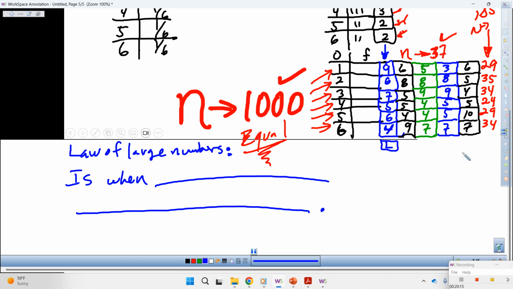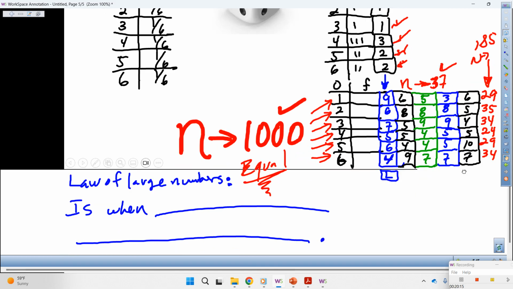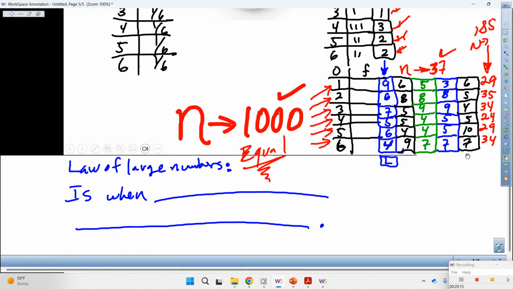Law of large numbers is when what? We just experienced it right now. Is when what?